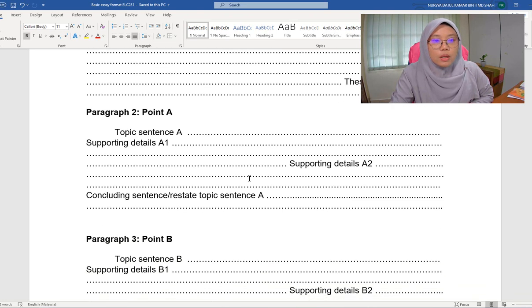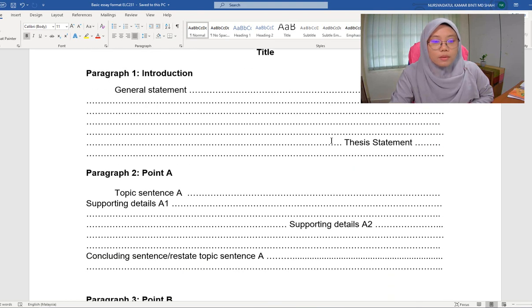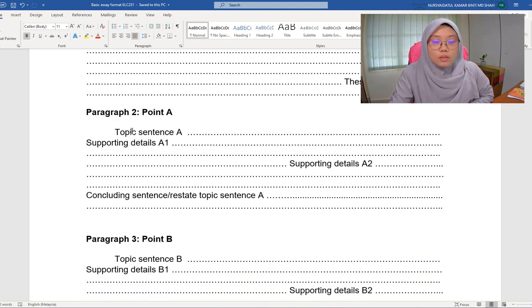Now, moving on, paragraph number 2 is point A for this topic. So what do you have to write? The first thing that you have to write for paragraph 2 is the topic sentence for point A, and then two supporting details, and also at the end of the paragraph, you have to write the concluding sentence, whereby you restate the topic sentence.